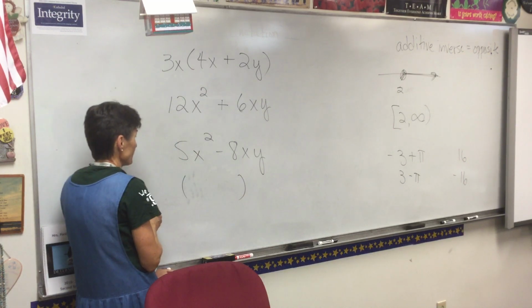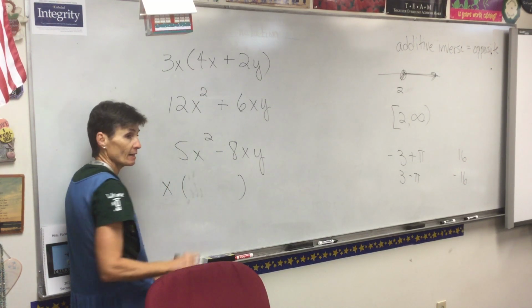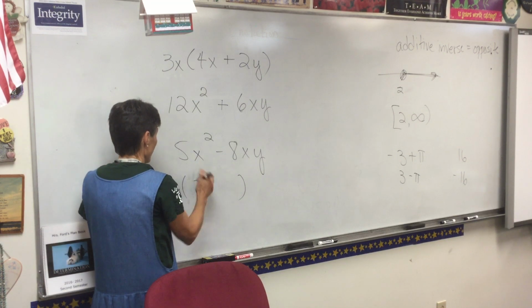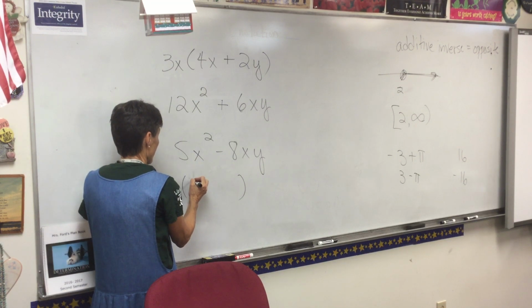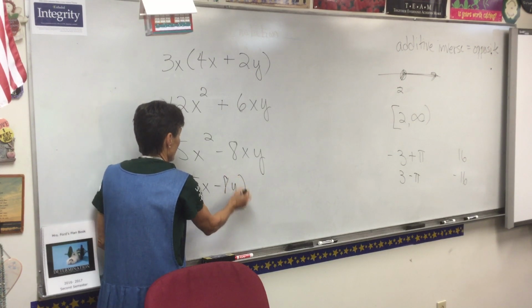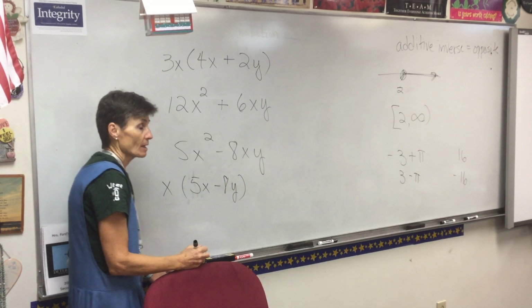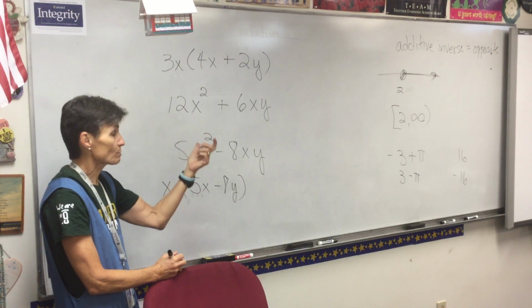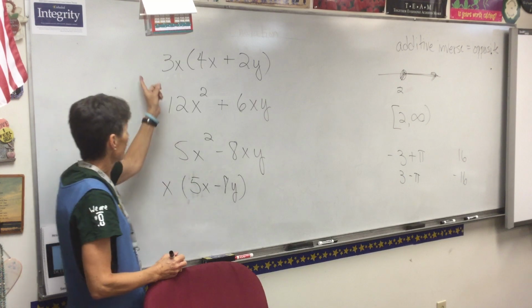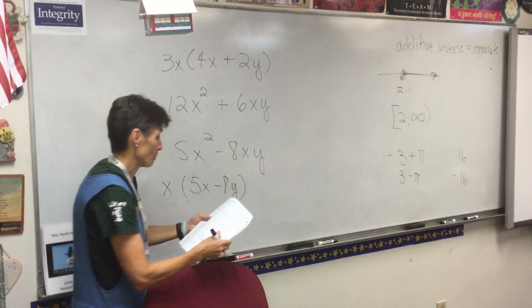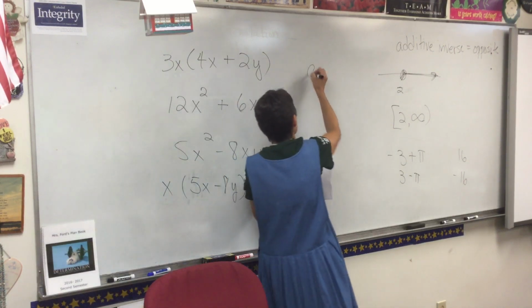If you want to create a parenthesis, the only thing that can come out is an x, and you would then be left with 5x minus 8y. That's the distributive property too. The distributive property works both ways, either multiplying through or factoring out. All right, so C.